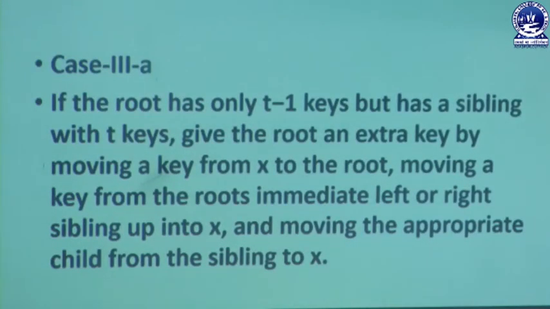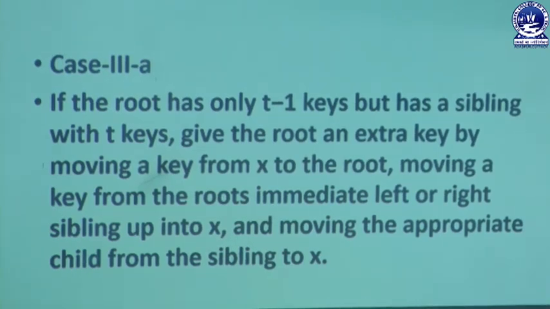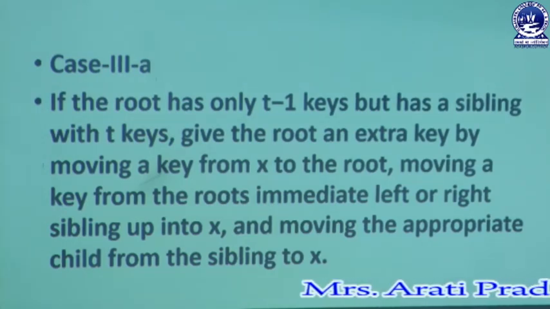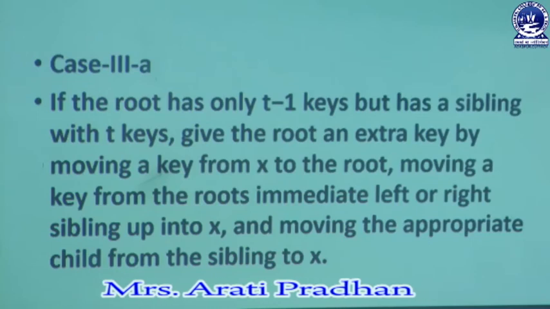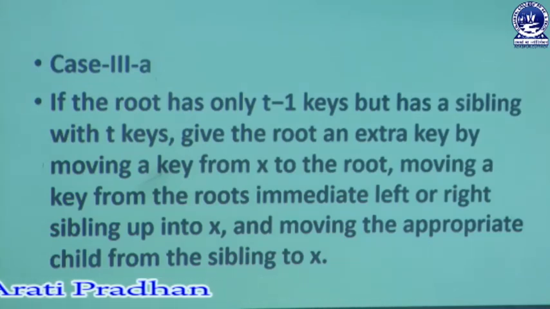That is the first case we will consider. Actually, here I am going to discuss the case when the key is not present in a leaf or in an internal node. At that time, two cases we will consider.